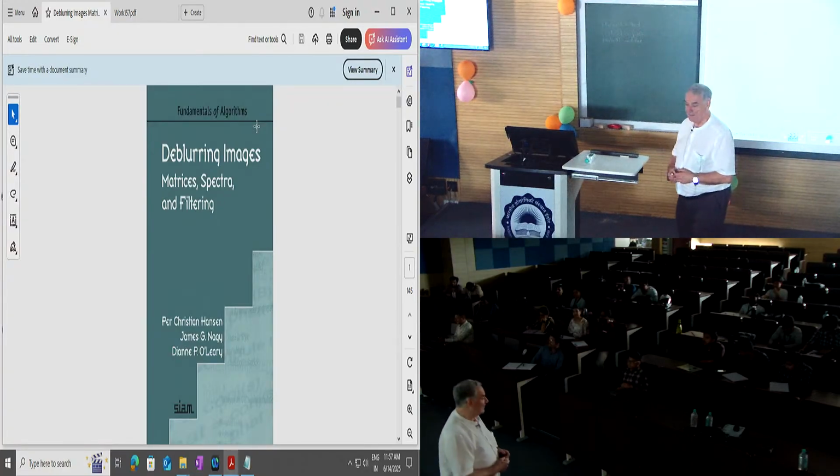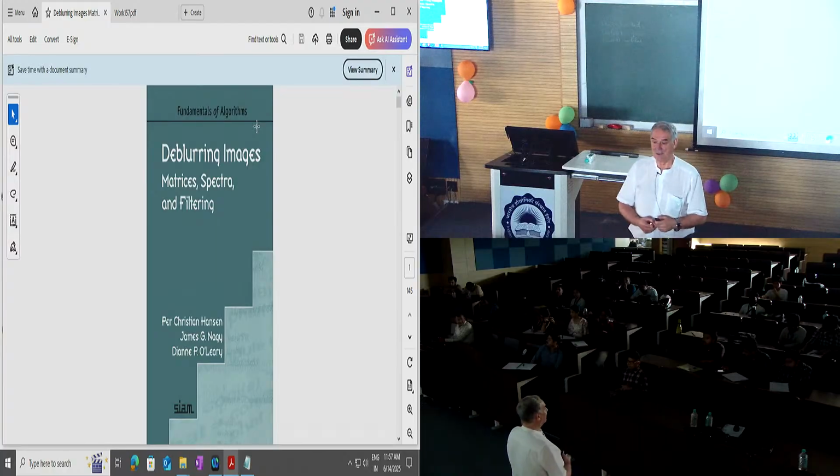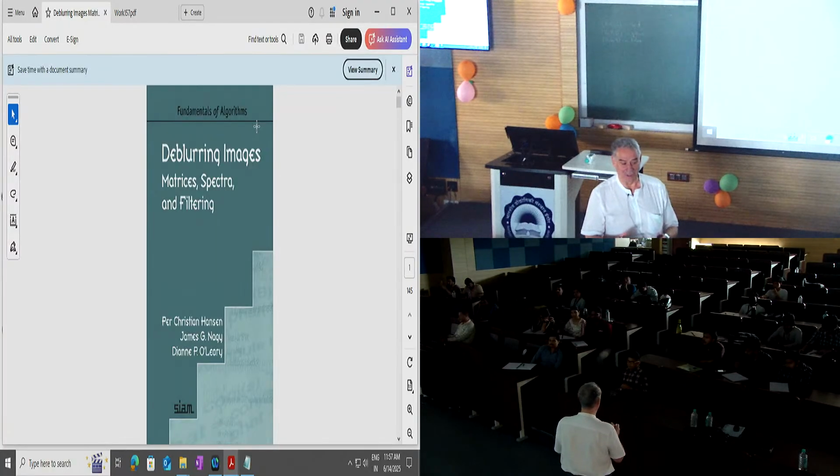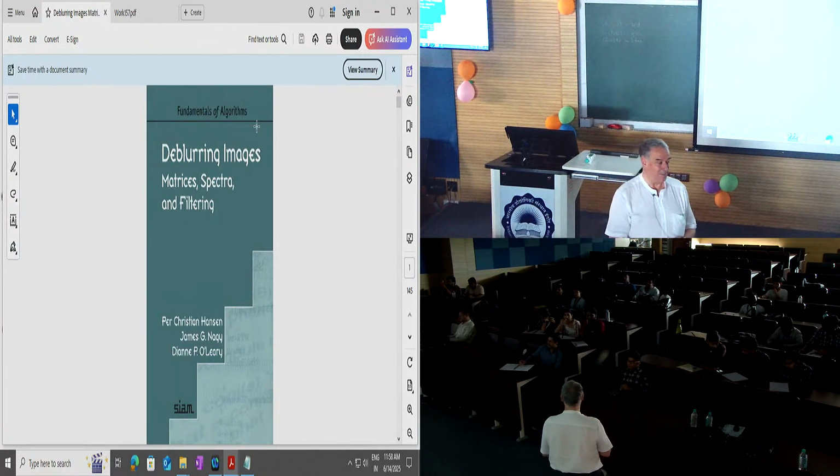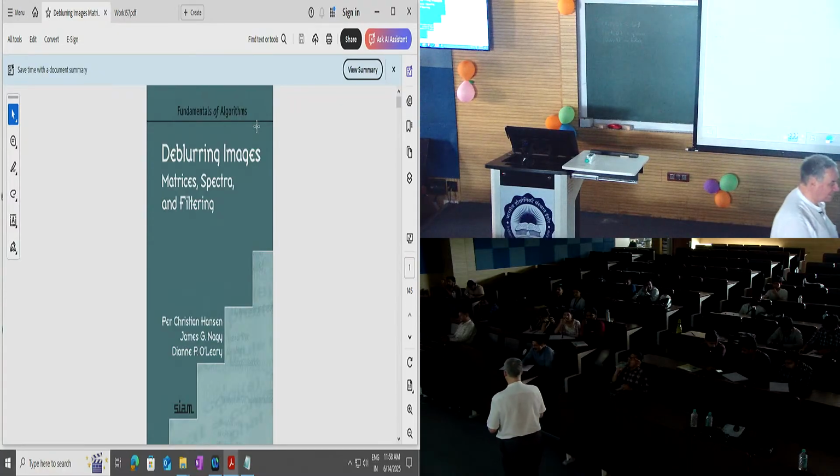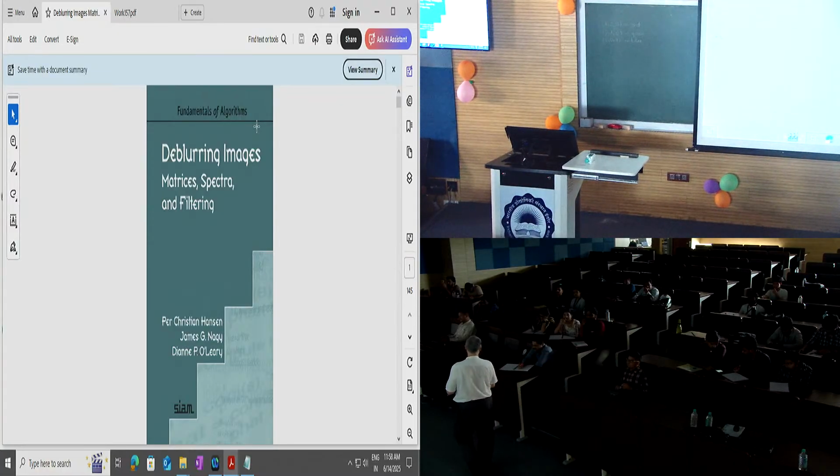The problem is that when we photograph and an object is moving, the picture will not be sharp, and we need mathematical methods to improve this picture.